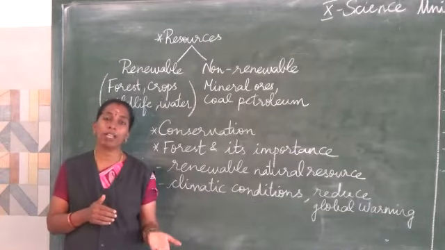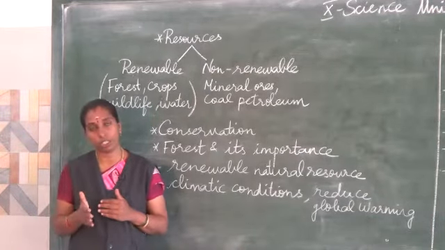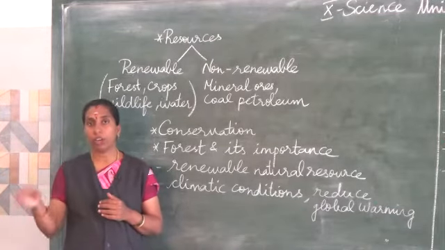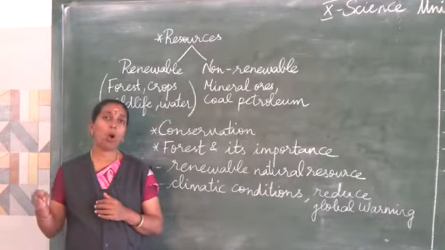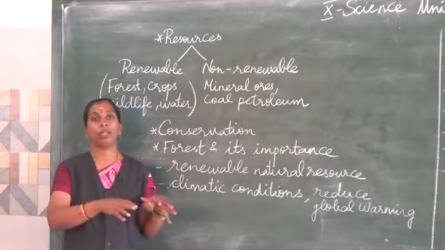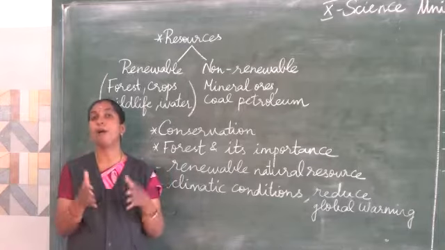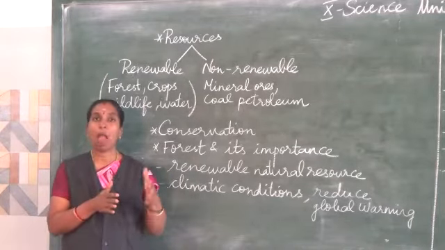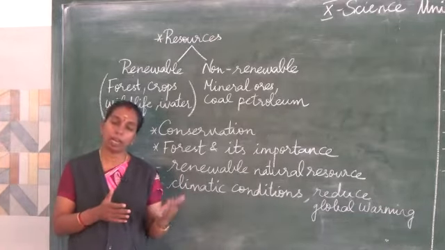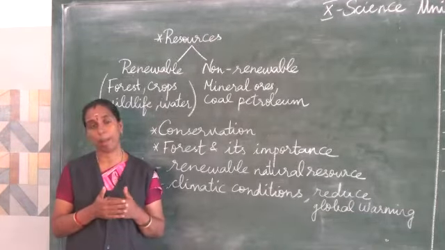Habit is different and habitat is different. Habit means the form, whether it is a tree or shrub or a herb, or invertebrate or vertebrate, that form is called habit, whereas habitat means the place in which they live.